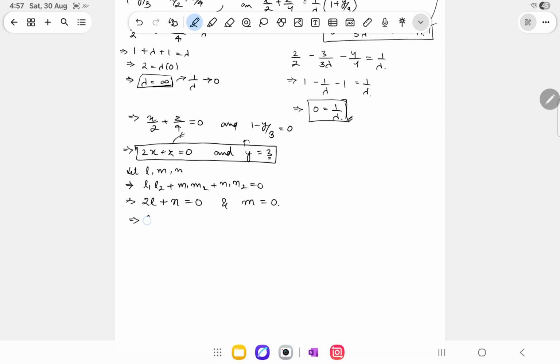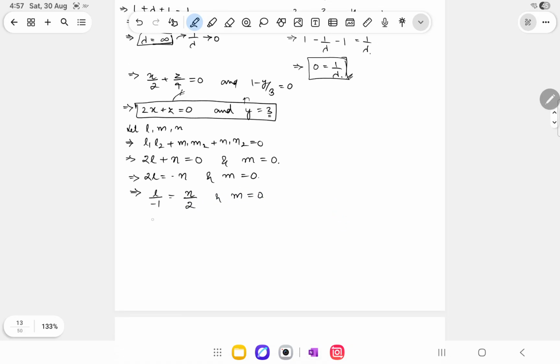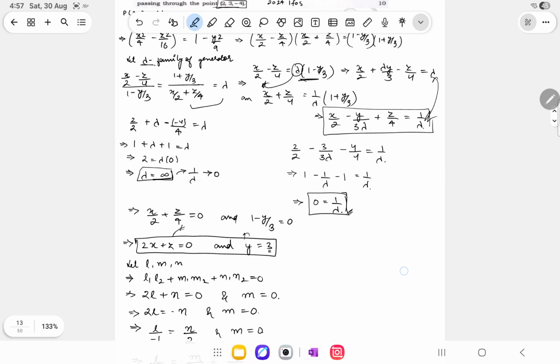If I simplify it, 2l = -n and m = 0. So l/(-1) = n/2 and m = 0, which gives me l/(-1) = m/0 = n/2. These are the direction cosines of the generating line of the lambda family.